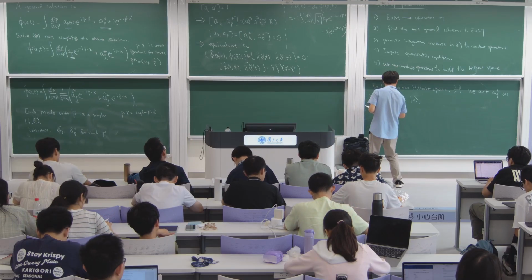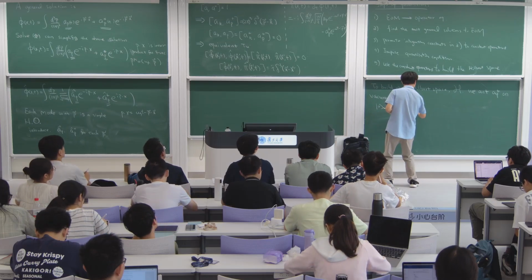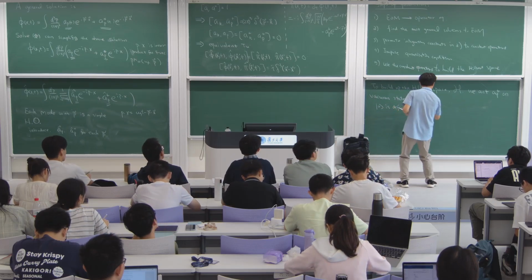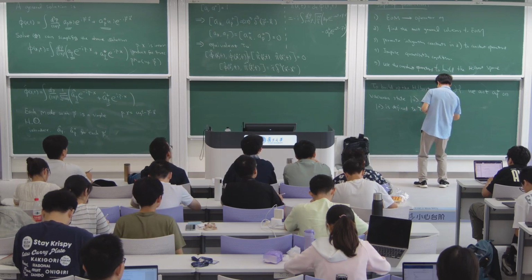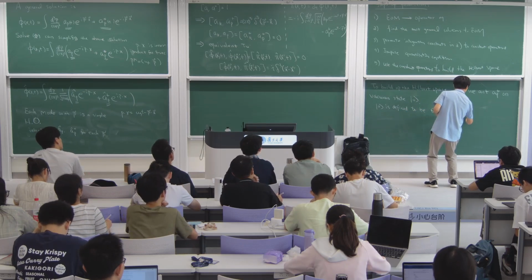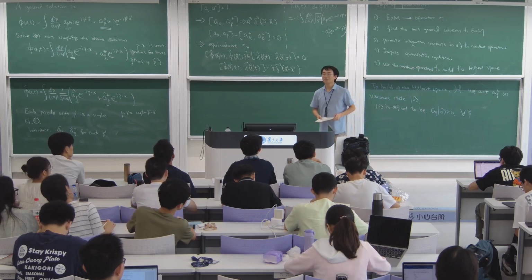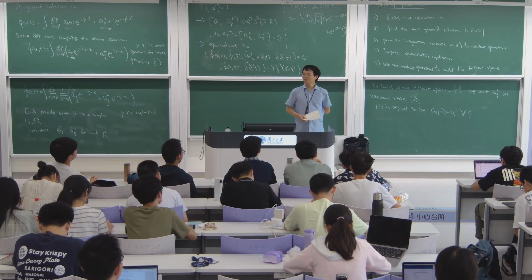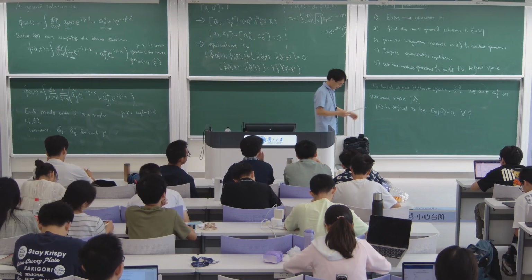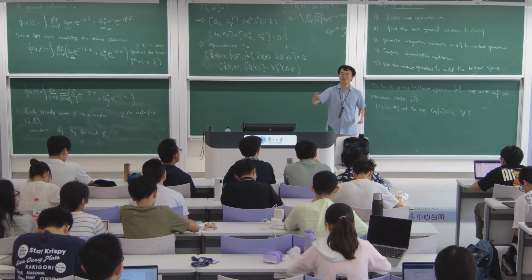Like before, the vacuum state is defined here by AP, for any P. That's my vacuum state. Then I can act with AP dagger many times, okay?